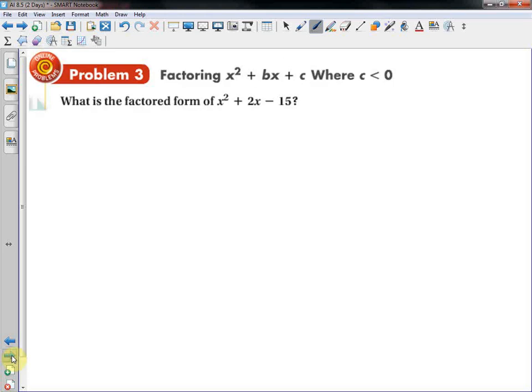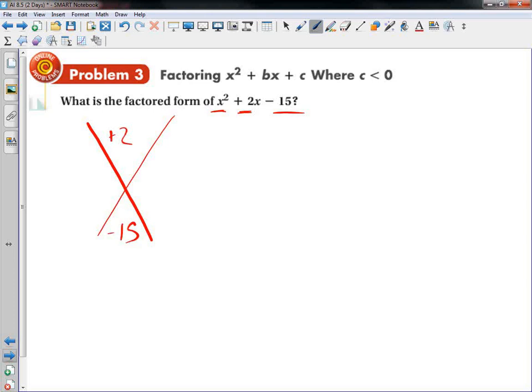Okay, problem 3 here. Same type of problem, right? Nothing in front of the x squared, but now we have a negative c value and a positive. So, again, let's just do it. It's the x factored form, right? I'm going to have a, let's say, a positive 2 and a negative 15.